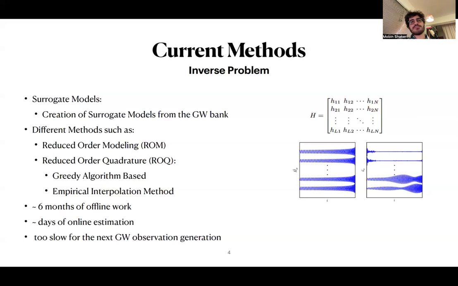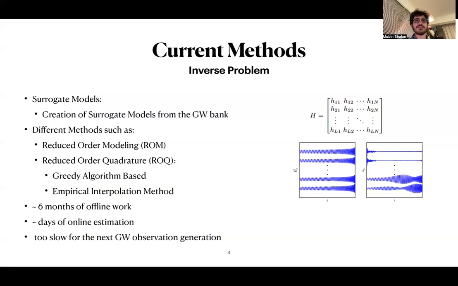Currently it takes around 6 months of offline work, where the calculation of the bases is done, and could take around days for each online run, which means each observation takes on the order of days for its parameters to be estimated after the bases are calculated from the bank.